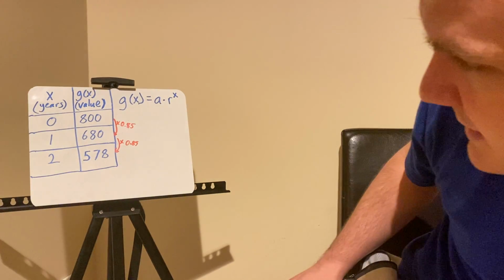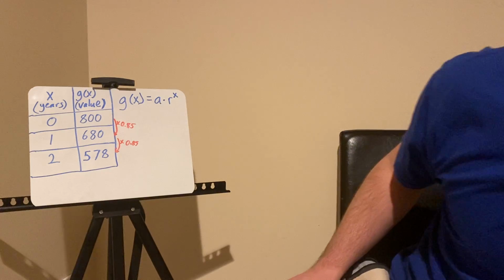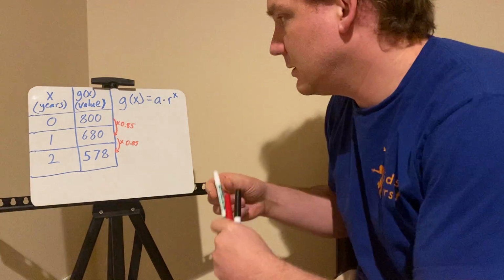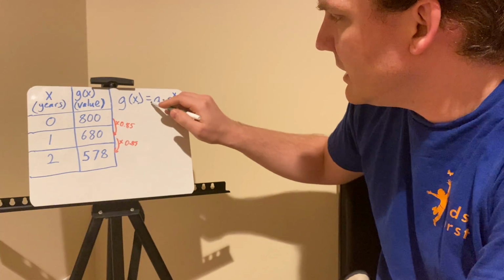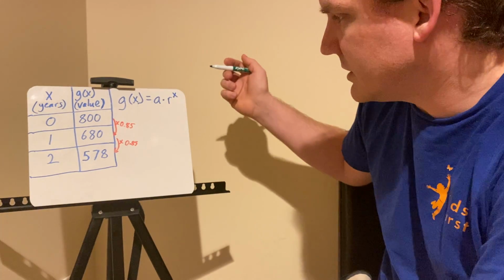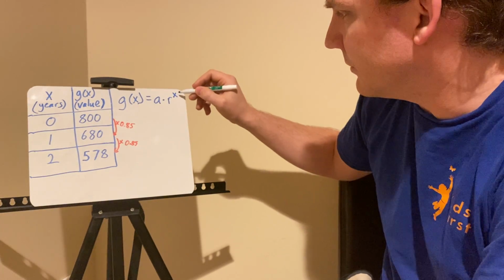The key thing is to remember that in an exponential function, g of x equals a times r to the x. This gives me the value for when x is 0.